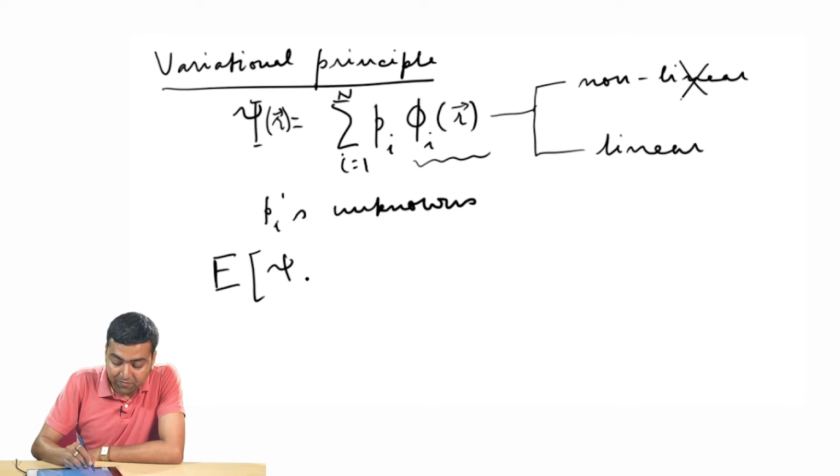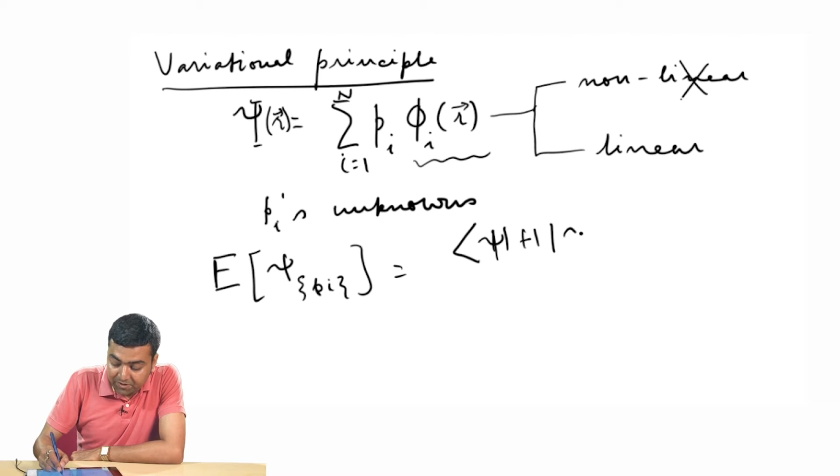I can write down my energy in this fashion: my energy will be given by the expectation value of my Hamiltonian, with the normalization, where the normalization is over psi.